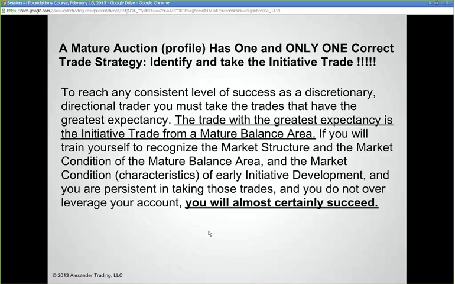And then if you will understand the realities of it, that it's not going to be a winner every time you take it. If you will be disciplined and you will take this trade, the ones that set up that you can afford the risk of, it will be difficult for you not to succeed.